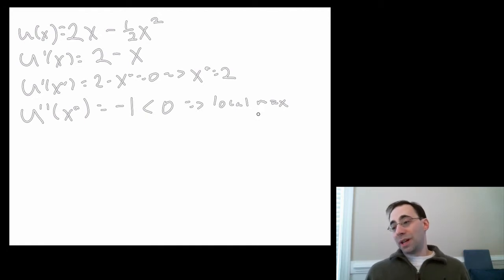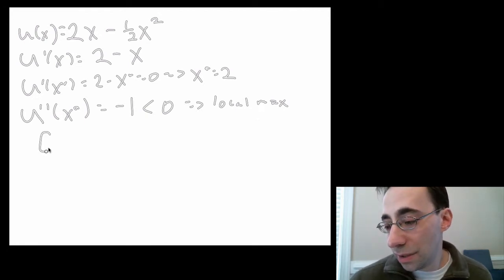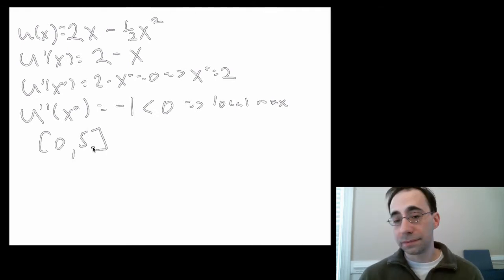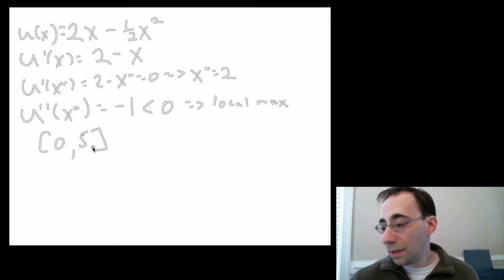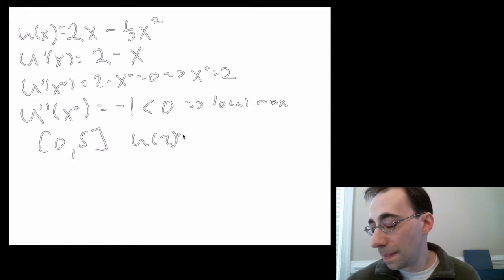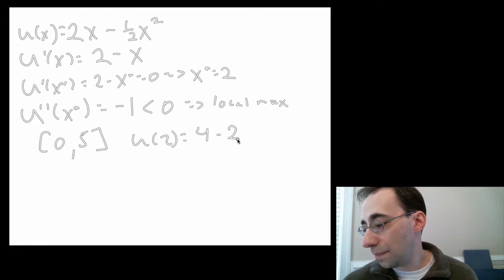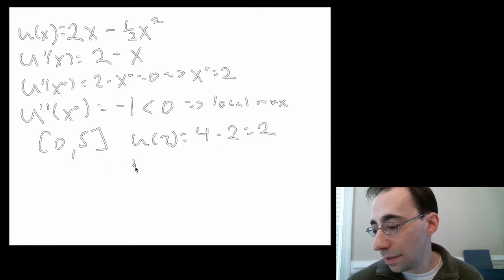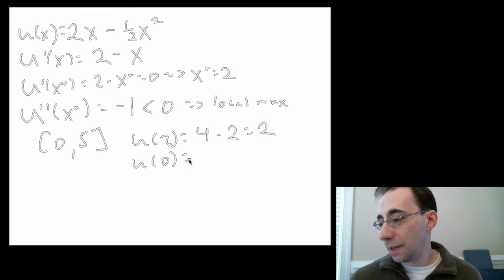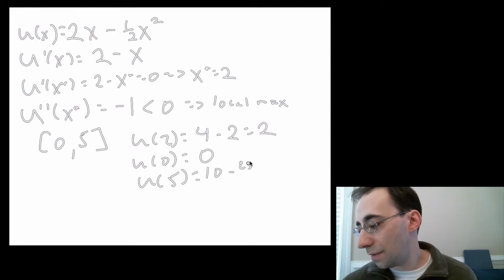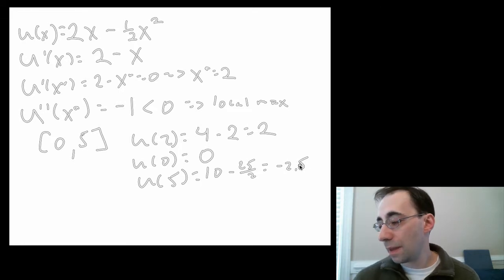We do have information though. We could say you can give between 0 and, let's say, 5. Let's check those bounds too. The utility at 2 is 4 minus 2 equals 2. The utility at 0 equals 0. And the utility at 5 equals 10 minus 25 halves equals -2.5.